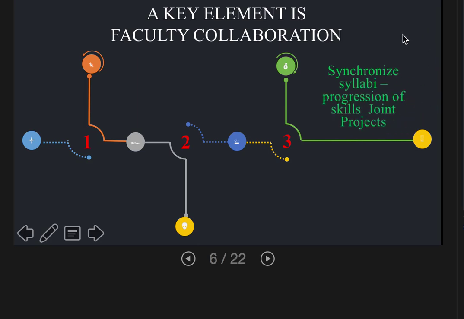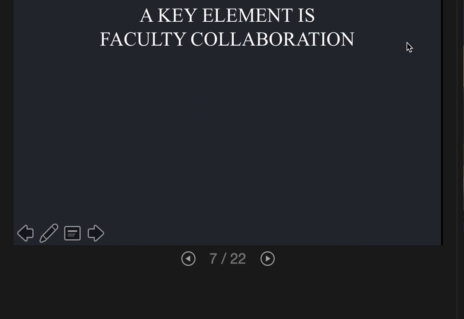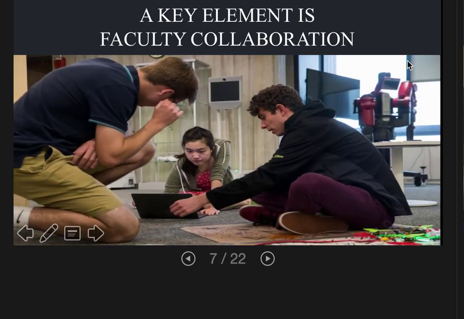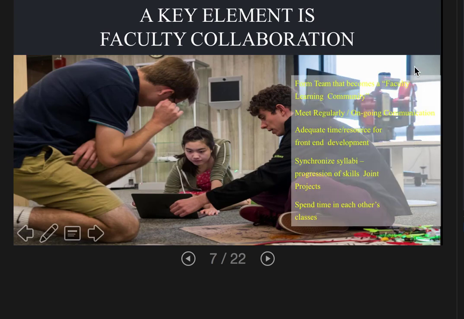Synchronized syllabi, congregation of skills, joint projects. That is also very helpful. Key elements in faculty collaboration: faculty collaboration is important. For example, we had a lot of faculty work together, we combined classes, and we did class exercises.